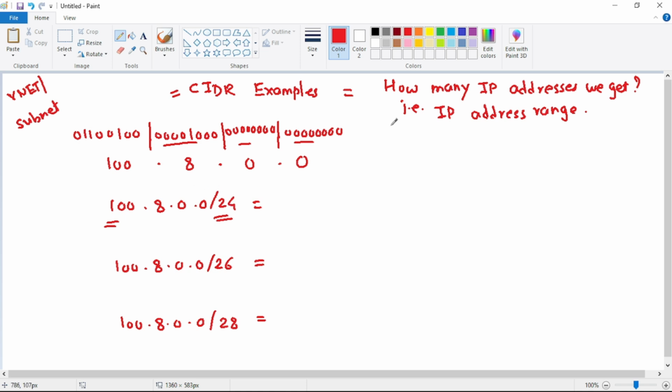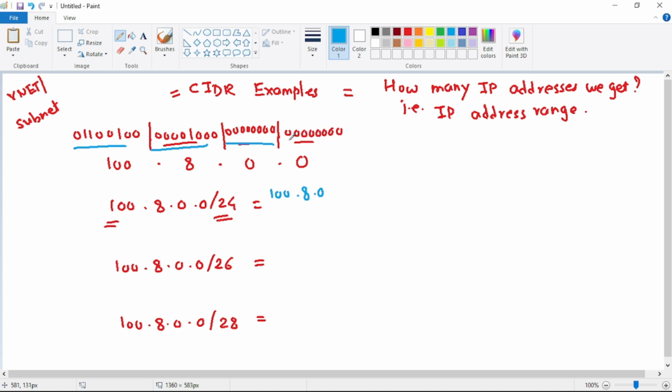In this case, these 8 bits, these 8 bits and these 8 bits will be constant. So 100.8.0 will be constant, and the only variable component will be the last 8 bits.